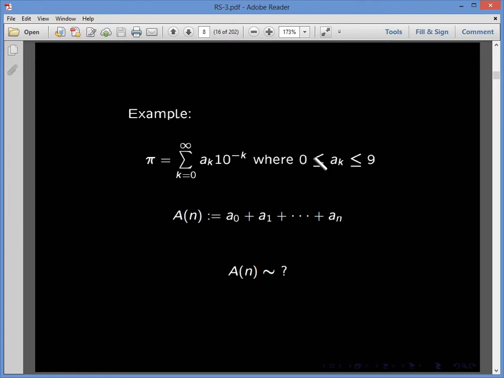One idea is that all these numbers are integers between 0 and 9, so they're all at most 9. Therefore, this never exceeds 9 times n. So we got some idea: a_n doesn't grow that much. But what is it? Is it asymptotically root n or log n? What kind of function is a_n growing as you add up all those integers? Very curious.